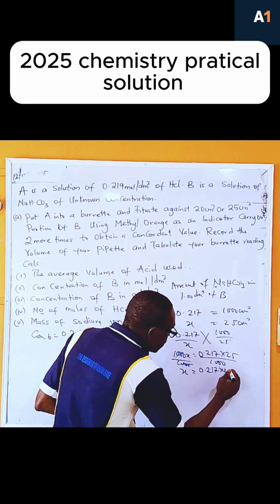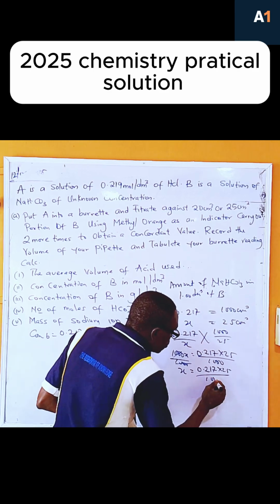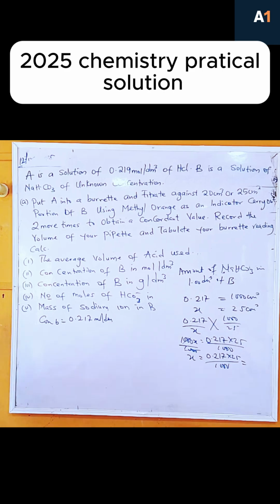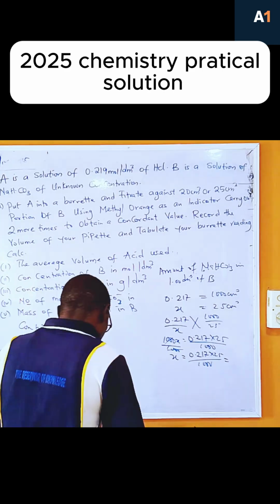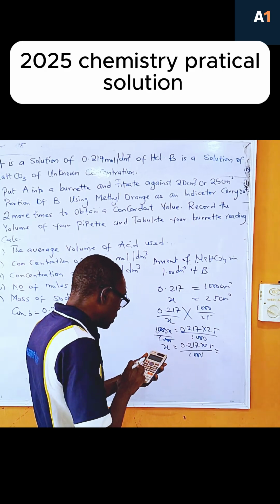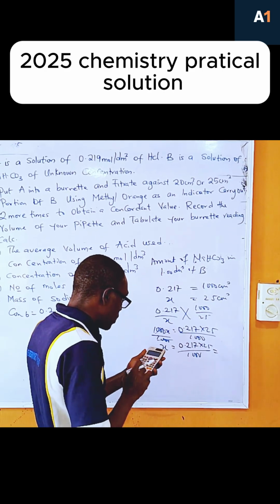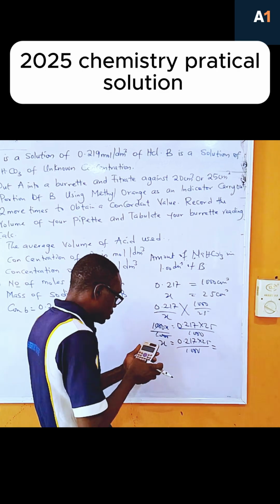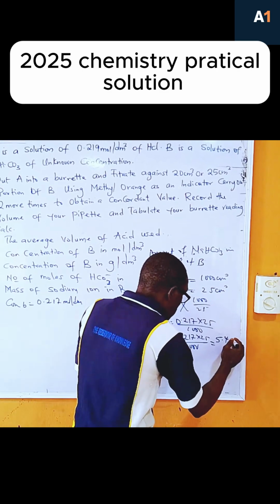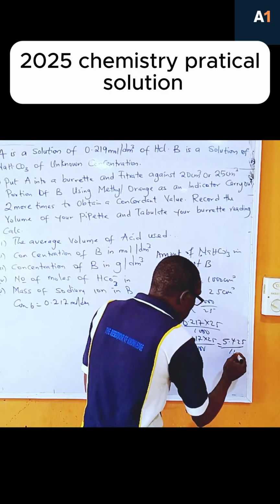0.217 times 25 over 1000, which will give us, let's multiply using the calculator here. 0.217 times 25 will give us 5.425, divided by 1000.